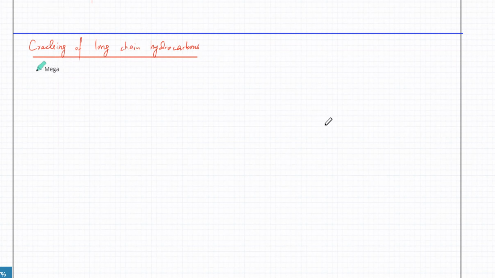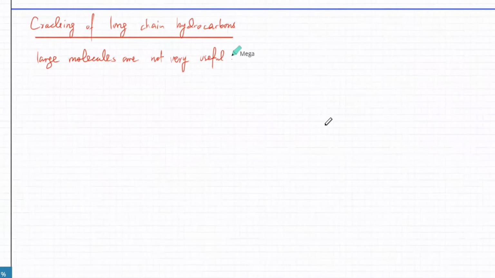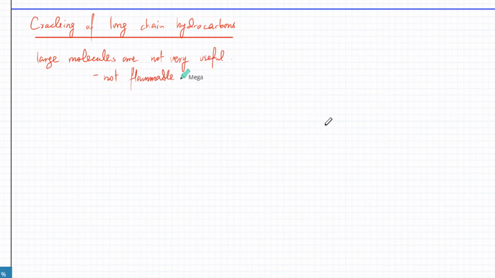The large molecules are not very useful. They have a number of problems: they're not flammable, and they don't flow easily.